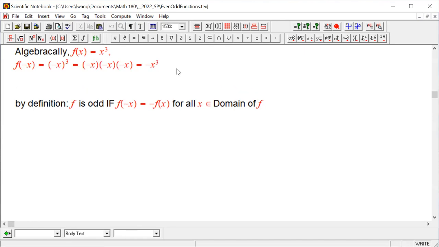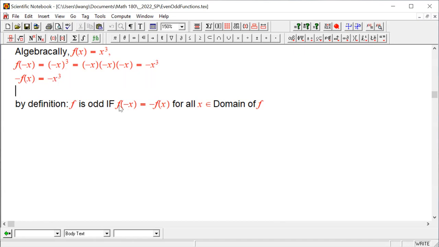And the other aspect is, what is negative of f of x? You put a negative sign in front of it. f of x will be handled first, which is x raised to the power 3, and negative of x to the power 3 is the same.